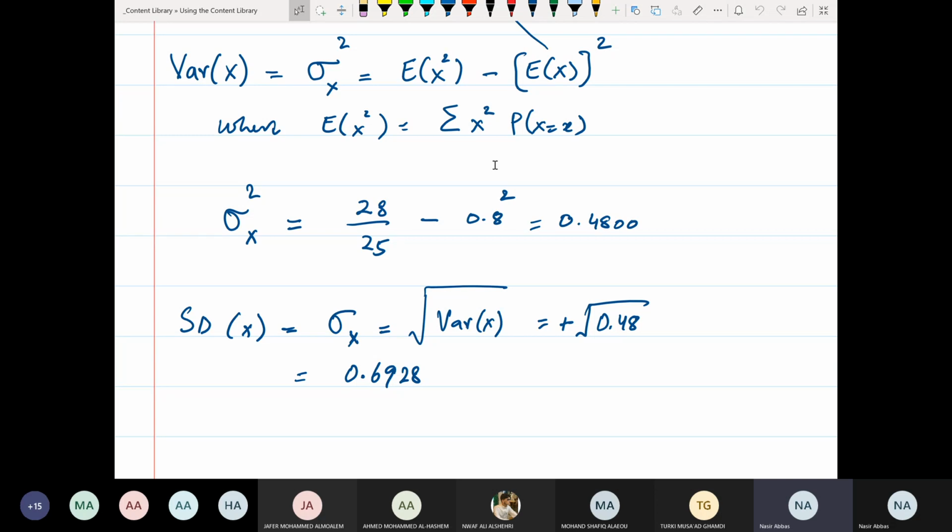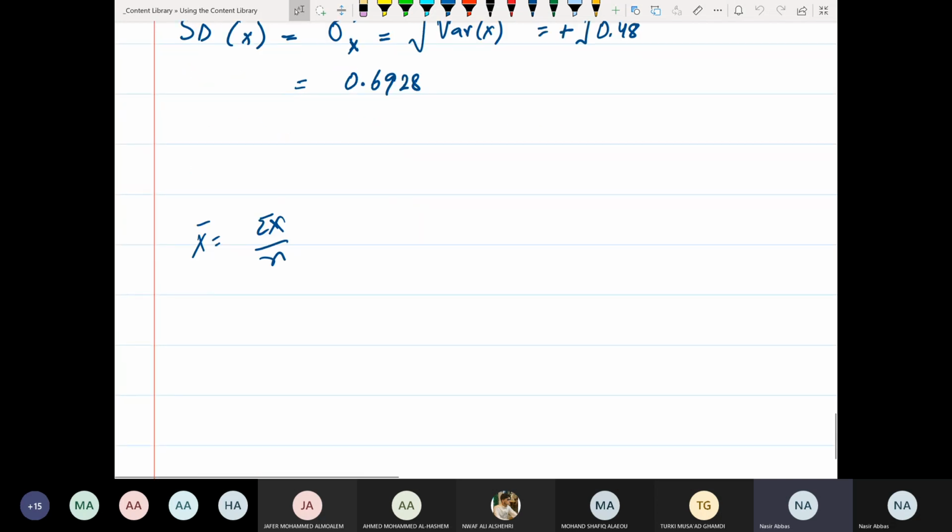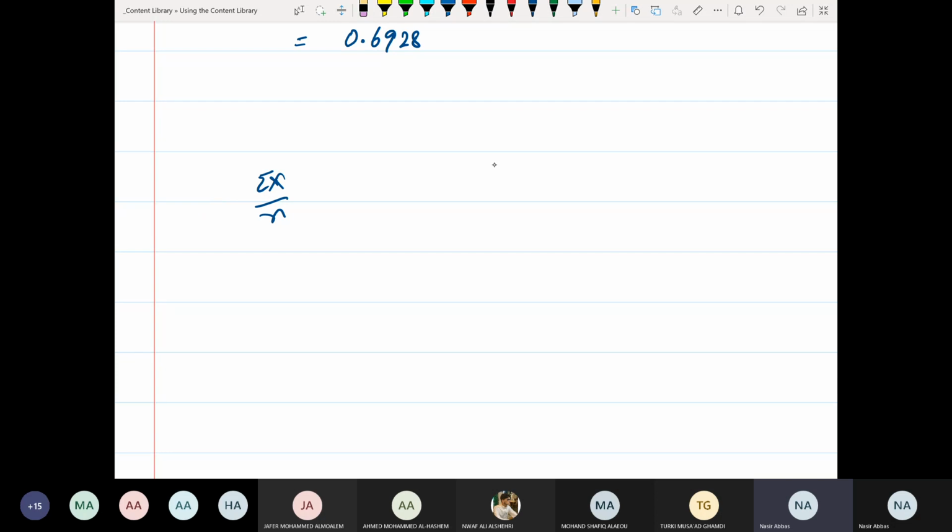Okay, in the last class, we were talking about the discrete random variable. And we talked about some of the very useful properties of a discrete random variable.